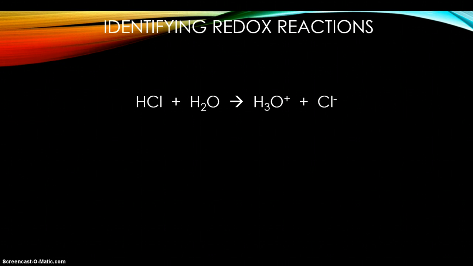Well, this is where we use oxidation numbers, as I mentioned at the beginning of the video. Oxidation numbers are going to help us figure out, is this a redox reaction or not? Because at first glance, I'm not going to be able to tell. Nothing sticks out in front that tells me, oh yeah, this is a redox reaction. So I'm going to use oxidation numbers to help me do that.